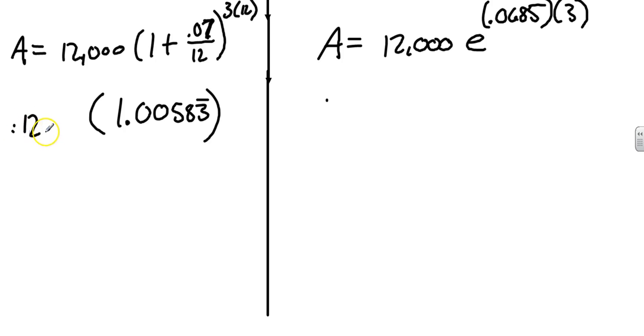So this one would be 12,000 out front. The one other thing you could do is go ahead and do 3 times 12 and make that 36. So now you're going to take this 1.00583 and do that to the 36 power.